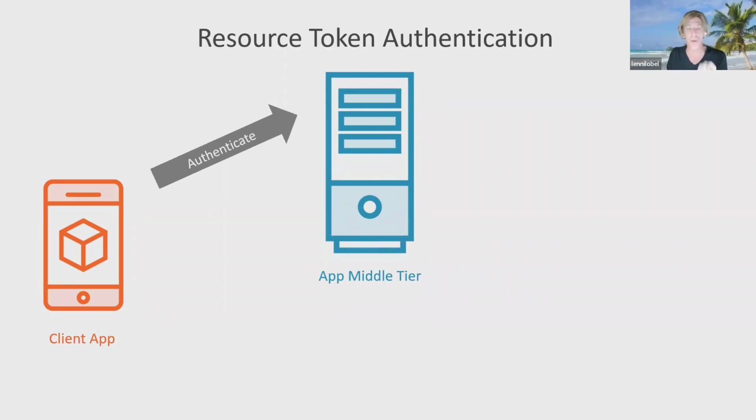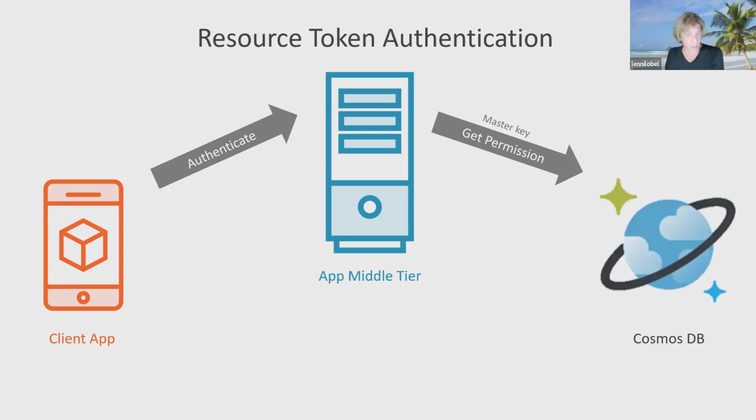Once you know who the user is, the middle tier, which has possession of the master key, uses the master key to connect to Cosmos DB and passes along the identity of the user and gets the permissions that you've defined for that user. And for each permission that you've defined for the user, you're going to get a resource token that grants access according to that permission, by default for 1 hour.